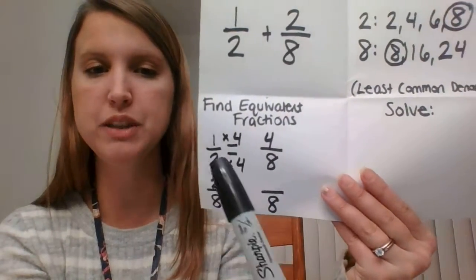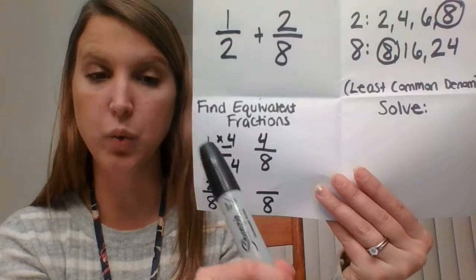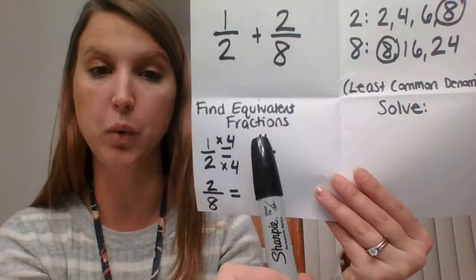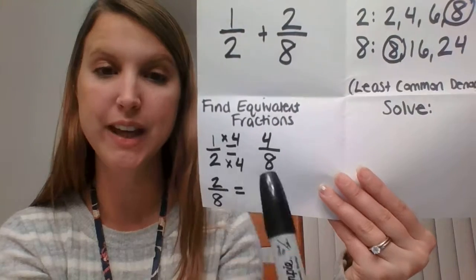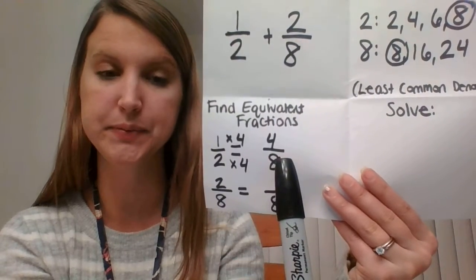So let me go ahead and write that down for you. I've got 2 times 4, 1 times 4. So let's see what I did. I know that 2 times 4 equals 8, and 1 times 4 equals 4, which means 1/2 equals 4/8.